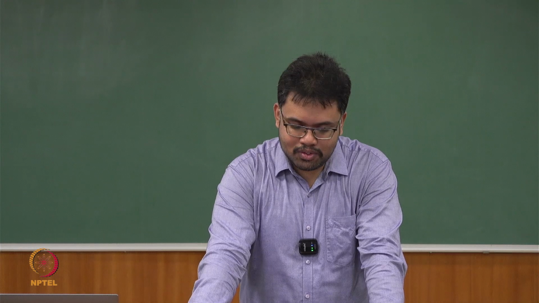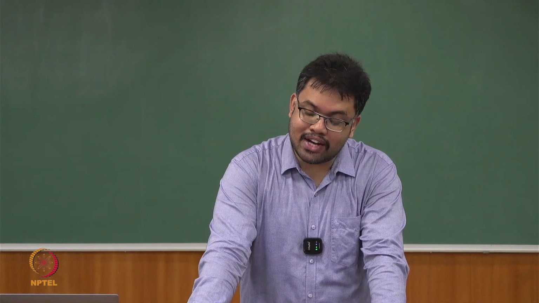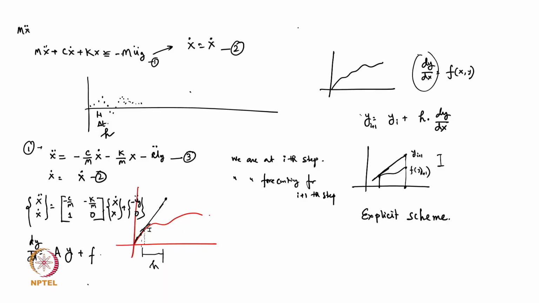What did I try to do? We try to make this dy dt term appear on the left hand side. To get dy dt on the left hand side, we must have the maximum order of the differential equation, which is x double dot. So we keep x double dot on the left hand side and take everything to the right hand side.